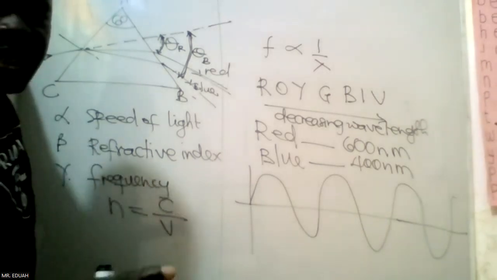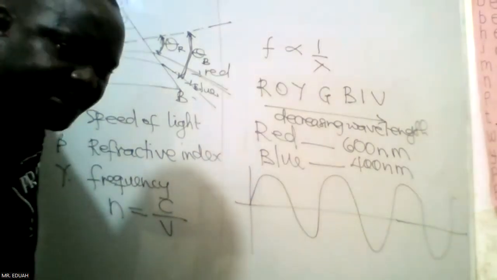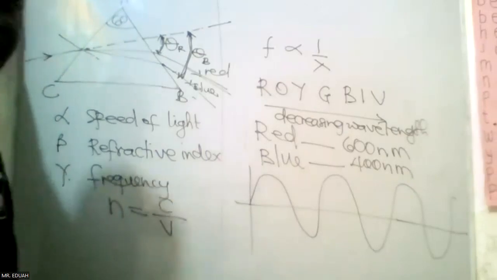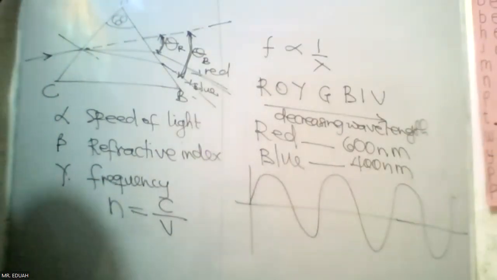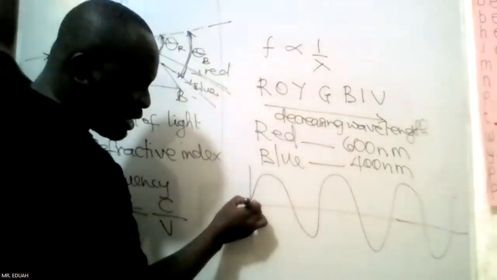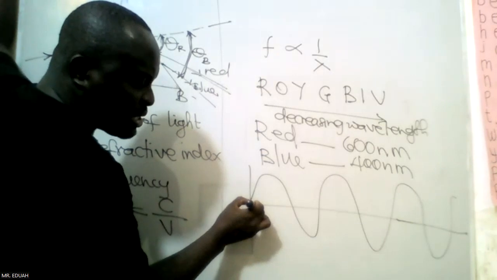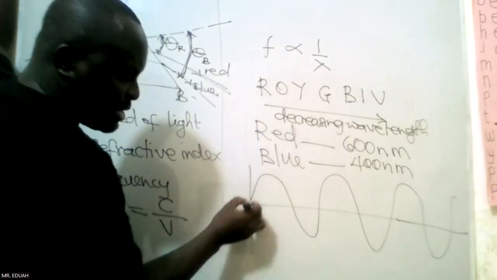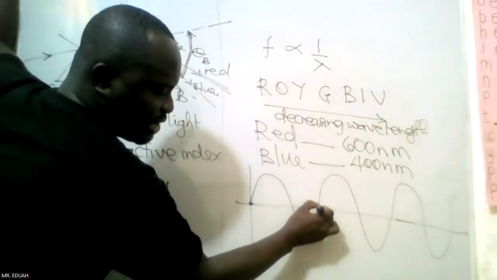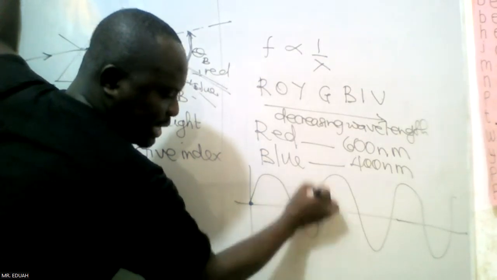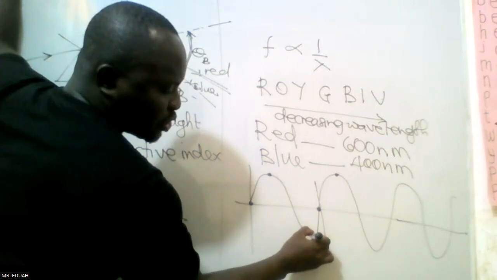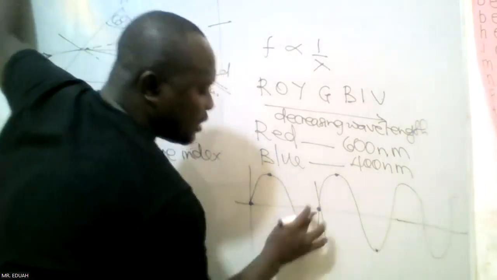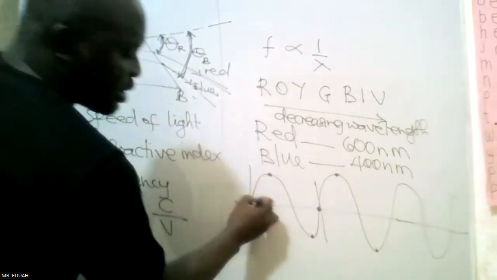When we talk about, please, are you there? Yes, sir. Pay attention, class, all of you. When we talk about a full wave, it can be two successive points that are in phase. This point is always in phase with this, or crest to another crest, or trough to another trough.